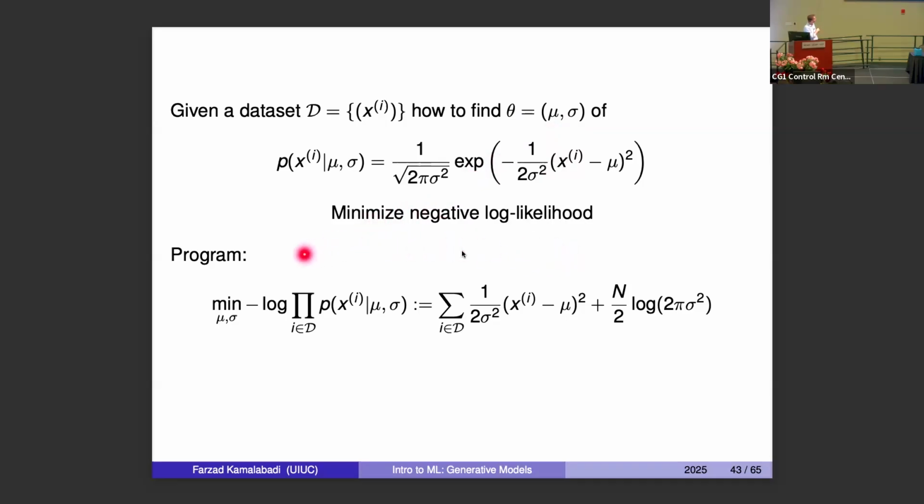Okay, negative log likelihood means that we minimize, with respect to the two parameters of the Gaussian, the negative log of the product of these likelihood functions for each data point. Why the product? This relationship exists for just one data point, right?